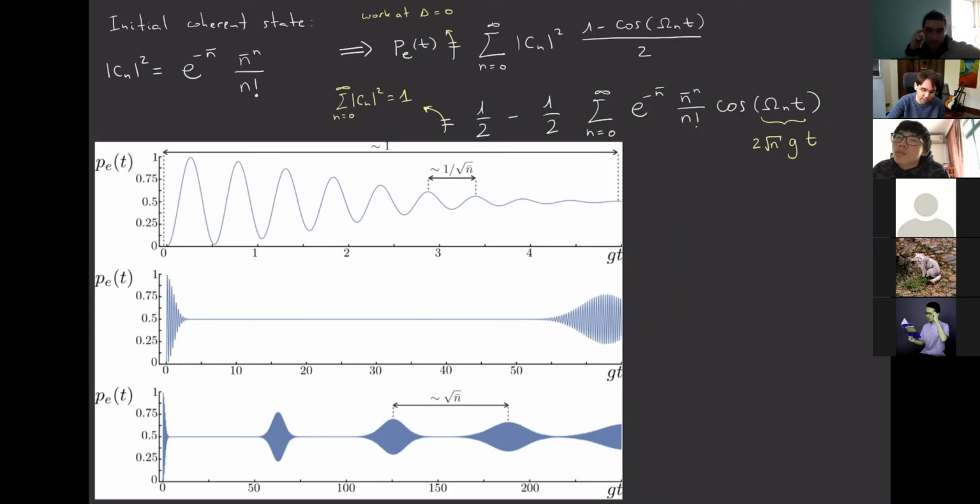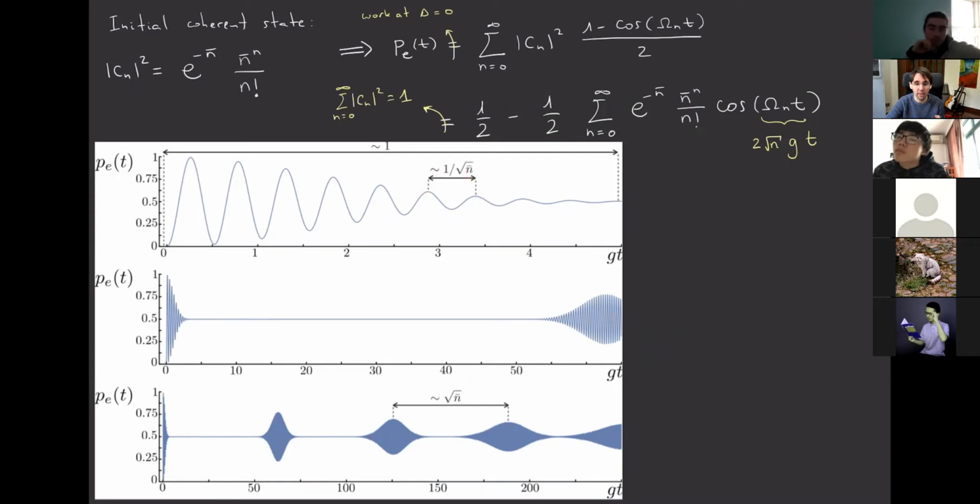In particular, at short time scales, when gt is of order 1, what you get are these beautiful oscillations. You can furthermore check, if you plot for different values of n, that the distance between the peaks is actually 1 over square root of n.